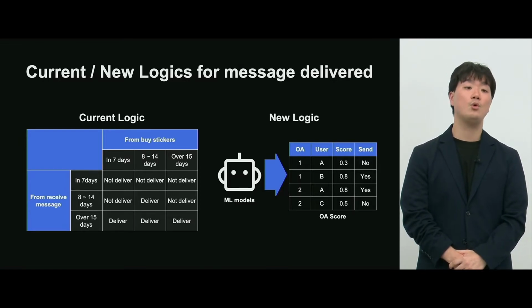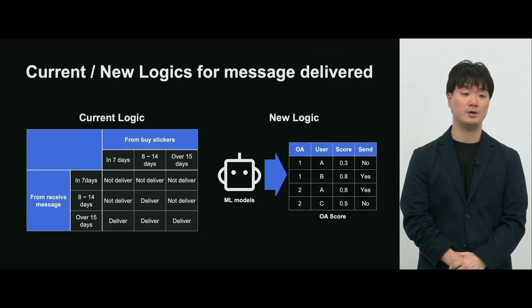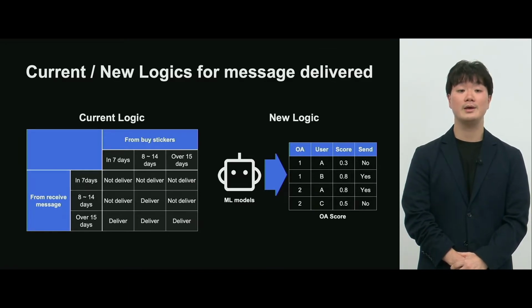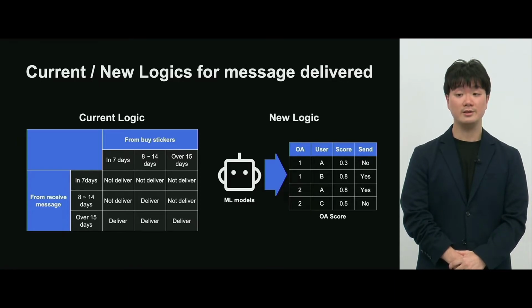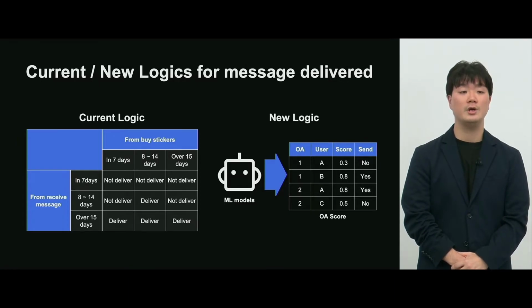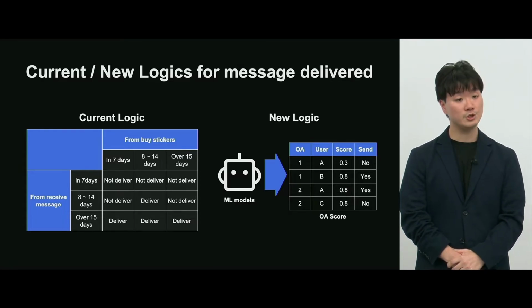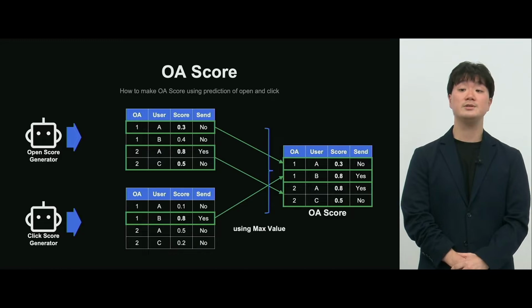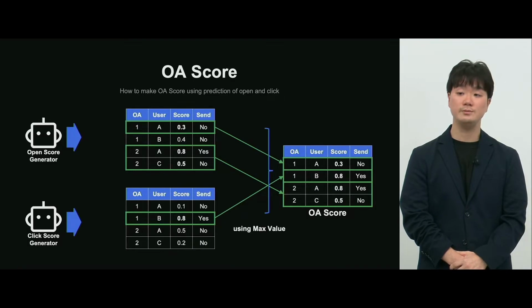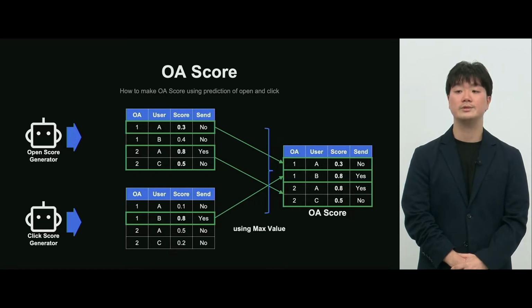This project is improving this delivery logic by changing the contents. We wanted to improve the current logic, and we did so by using the new logic based on the OS score. We quickly mentioned the OS score in the first part, but I didn't explain the detail, so let me explain this again. This slide is a cutout of the OS score figure shown in the first half of the presentation, and the tabular part has been replaced with a graph.